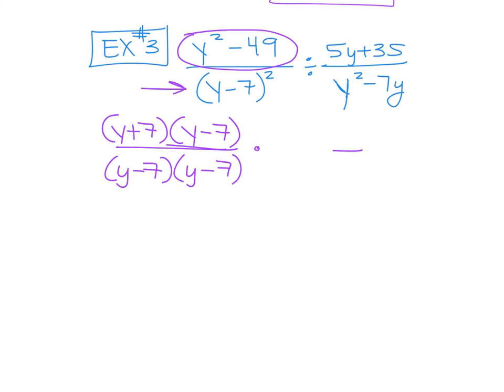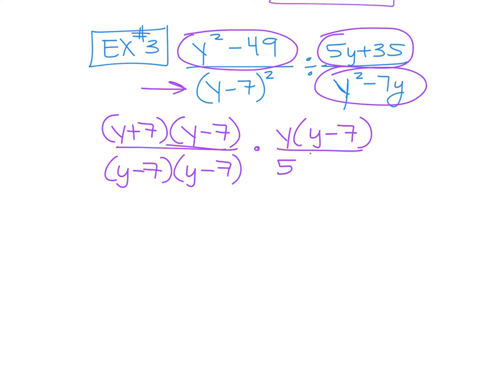Then you're going to multiply. What do you factor out of this? The y. So it's going to be y. This is on top, right? We're flipping it. Y times y minus 7. What do you do with this one? Factor out a 5. You're left with y plus 7.